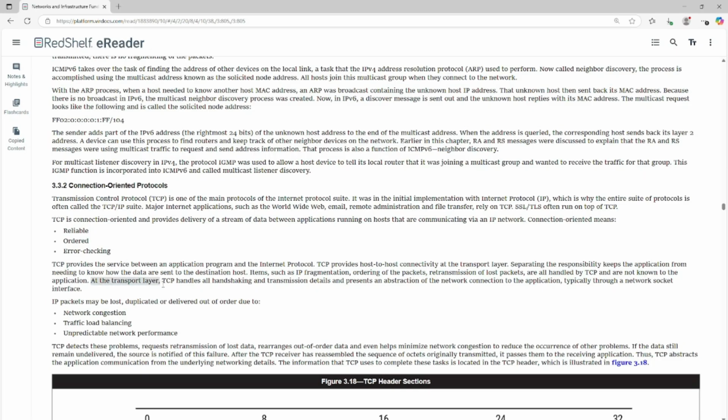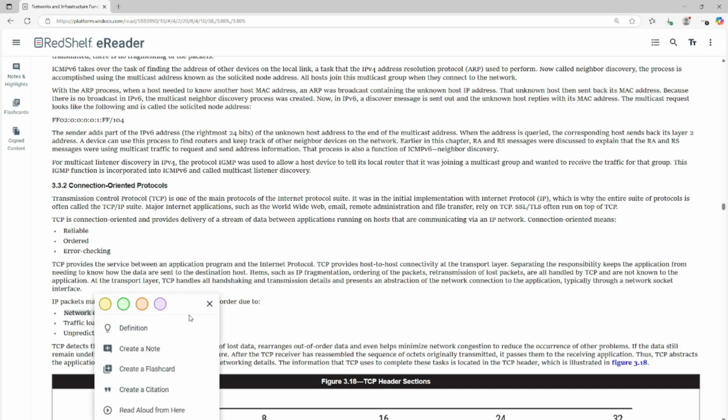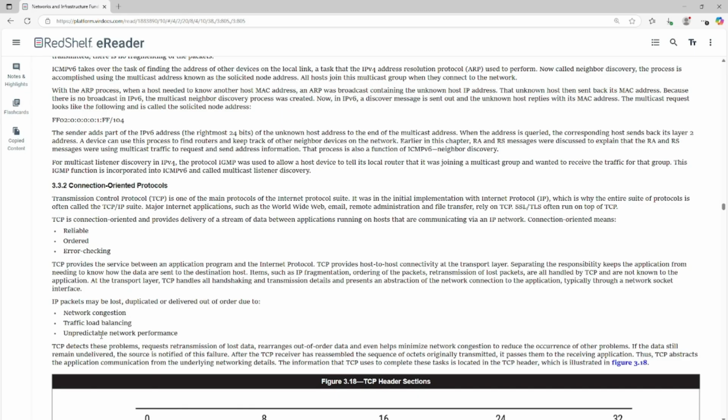At the transport layer, TCP handles all handshaking and transmission details and presents an abstraction of the network connection to the application, typically through a network socket interface. If you're curious what may make IP packets lost, duplicated, or delivered out of order, it could be due to network congestion, traffic load balancing, and unpredictable network performance.